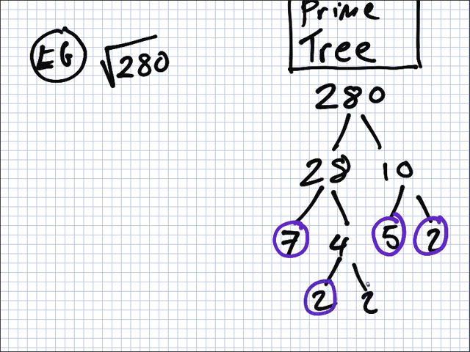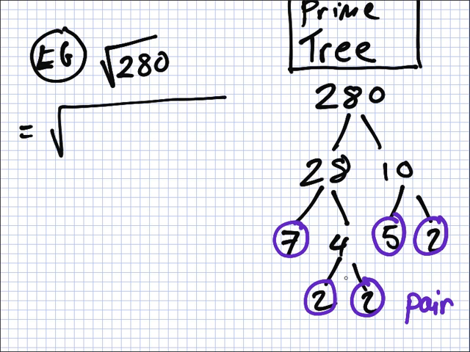They're prime numbers. What we try to do next is pair them. So this is equal to root 2 times 2, 2 squared. So I've done that one and that one. Are there any more pairs here? No. So 2 squared times 2 times 5 times 7.